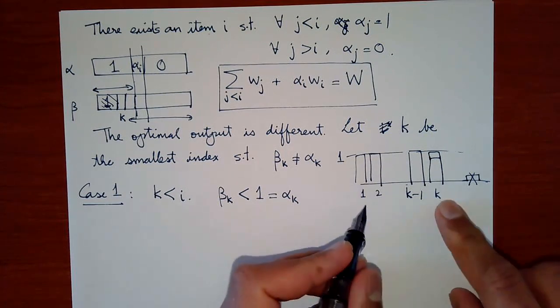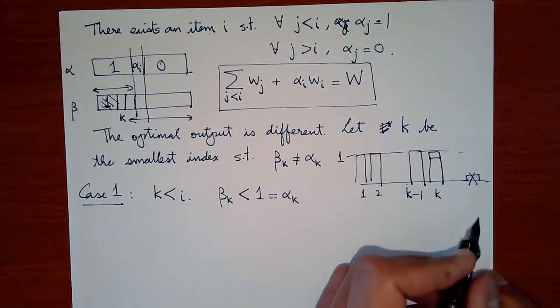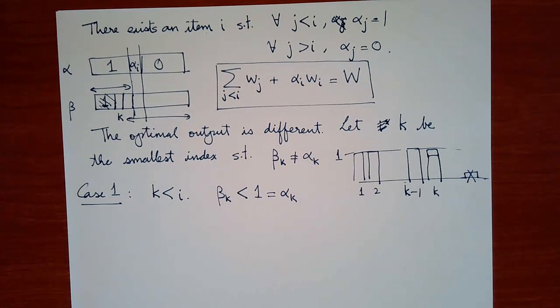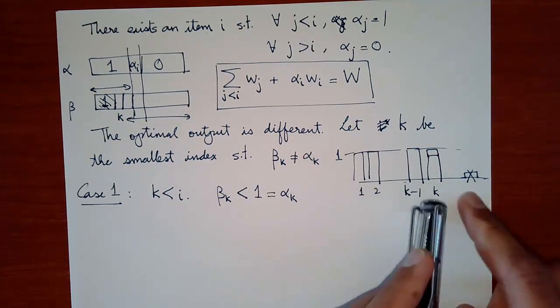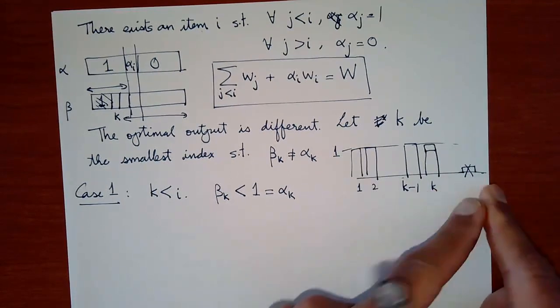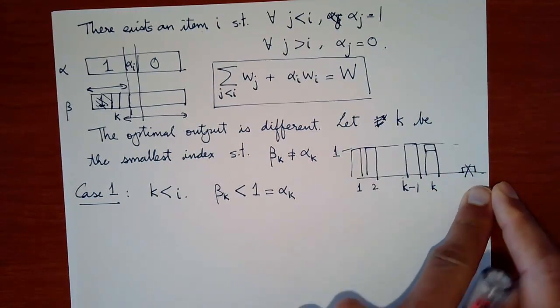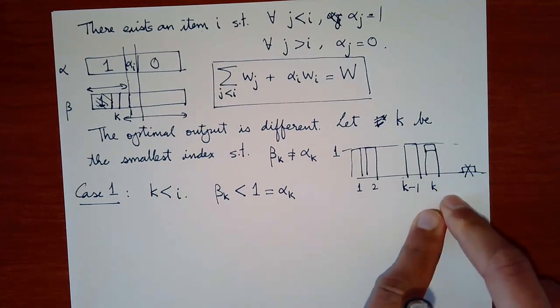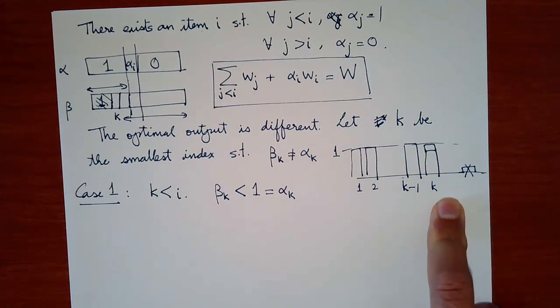But then you can argue that whatever it's taken so far is strictly less than W, and you can again take something more. Am I making some sense here? Do you see that there's a way of trading it off? If there's something else out there, then instead of taking that object, you could just take a little bit more of this object and you would increase your objective.